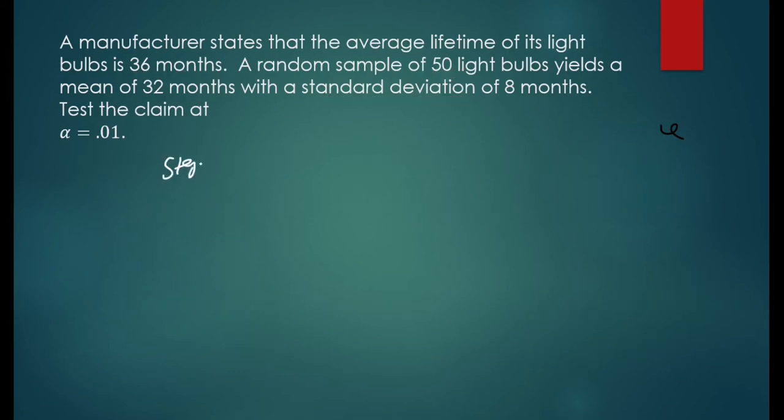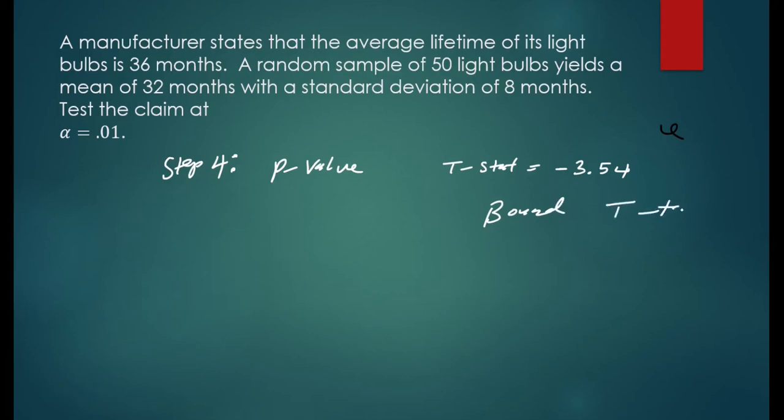In step 4, we're going to find the p-value. Since this is a t-test, we're going to look at our t statistic from earlier, which was negative 3.54. We are going to attempt to bound this value with our t table, since we're doing the problem by hand, in order to find the p-value.